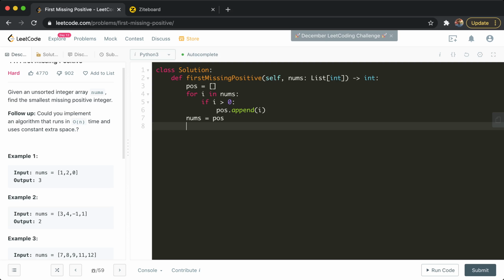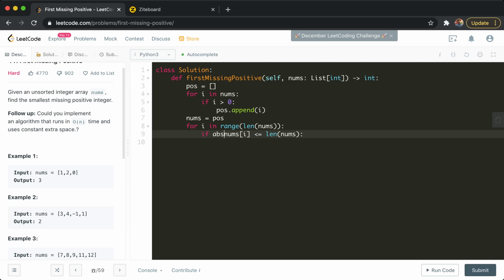Next, what we're going to do is for I in range length of the array, we have to mark the elements that are present. So if nums of I is less than or equals to length of the array, right? If it's less than the length of the array, that means we can basically work on that. Otherwise, it would be out of bound.